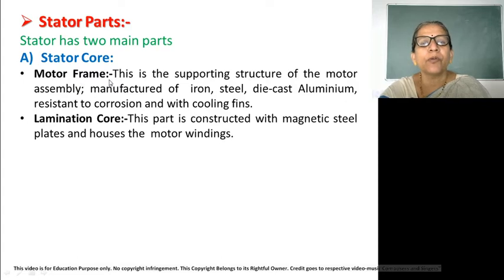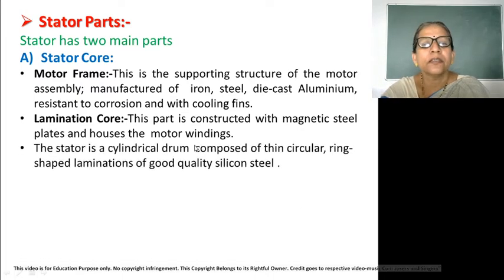Inside the motor frame, you will have a core, which is a laminated core. This part is constructed with magnetic steel plates and they are housed inside with the motor winding. What is the shape of the stator?